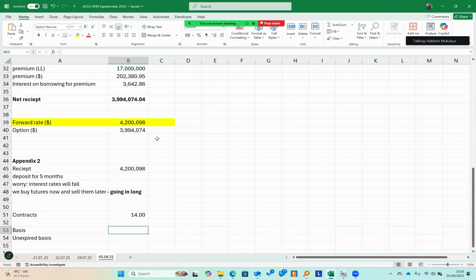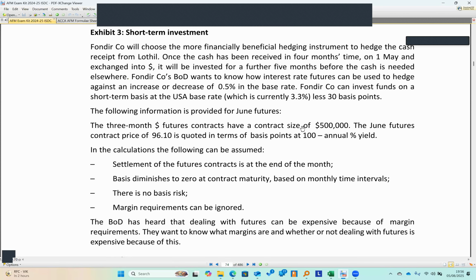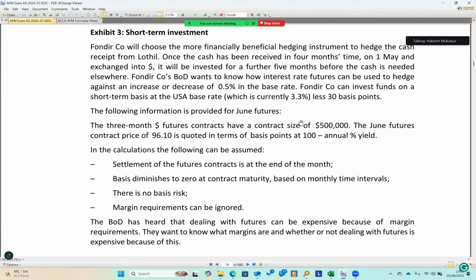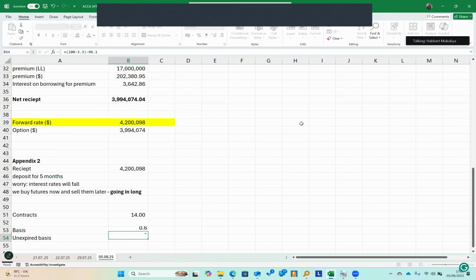So basis is going to be, now remember this is 100 minus annual yield. So even here you have to do the same. So you do 100 minus 3.3. Let's not do percent because we are doing basis. Then subtract 96.1. So the basis becomes 0.6.